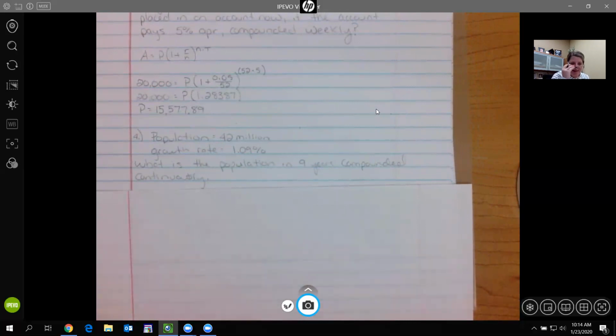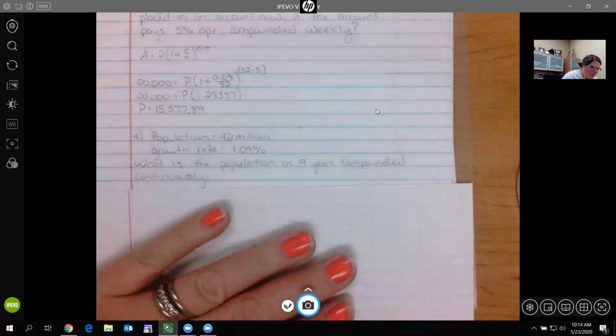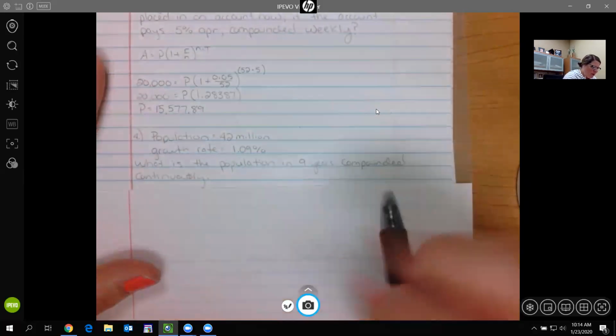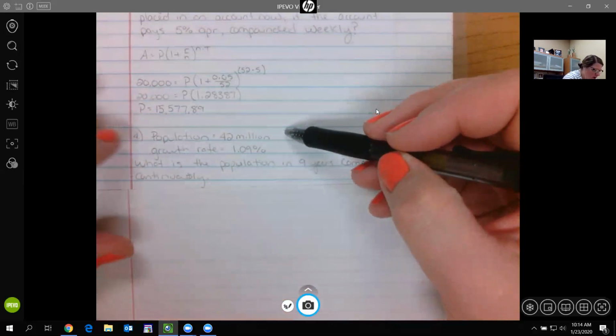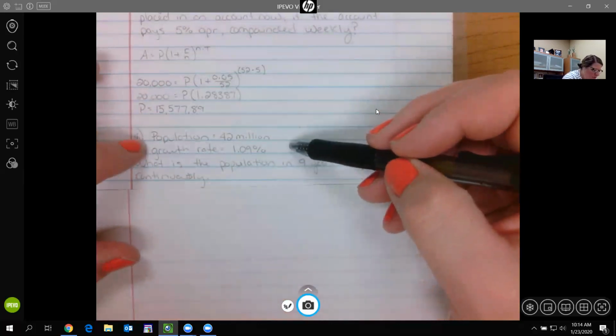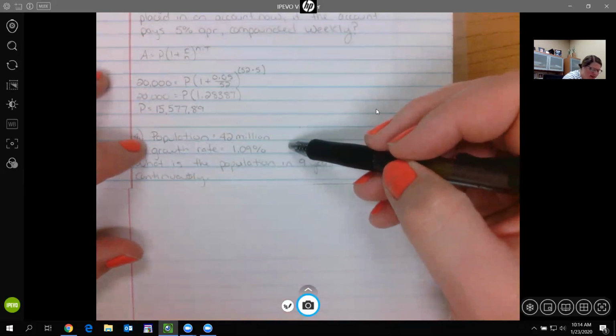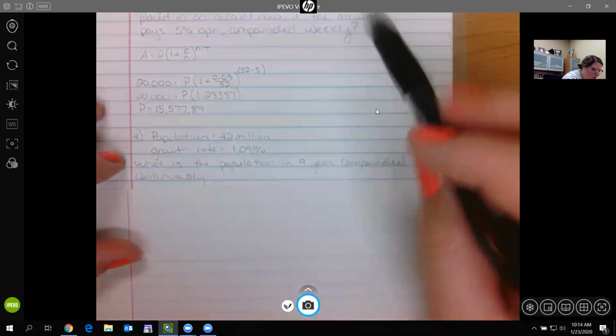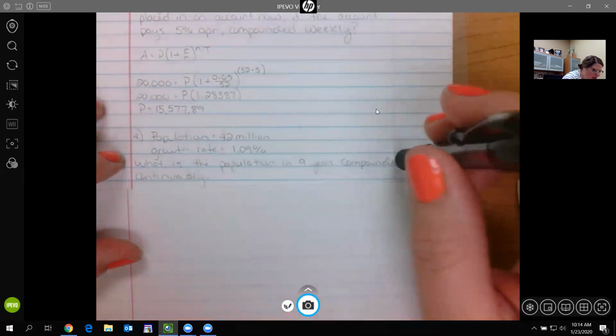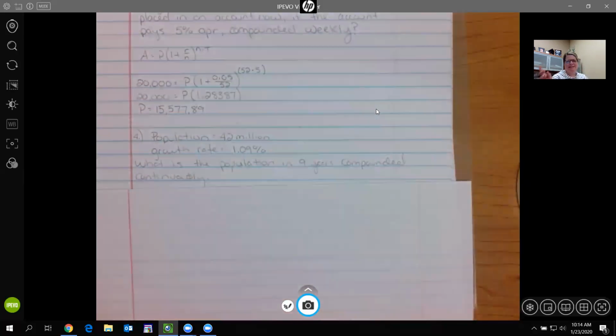So let's take a minute to look at an example with population. Our population is 42 million. Our growth rate is 1.09%. I don't know if this is true, I got this from the book. What is the population in 9 years if it's compounded continuously?